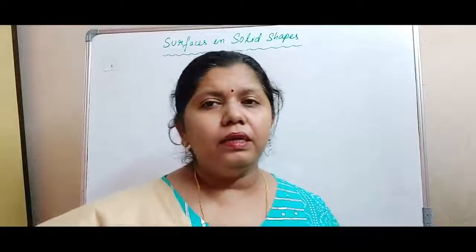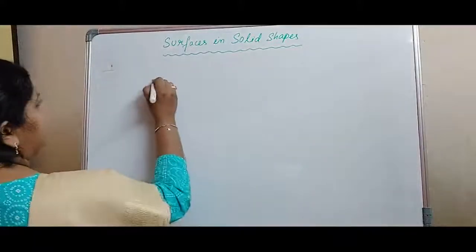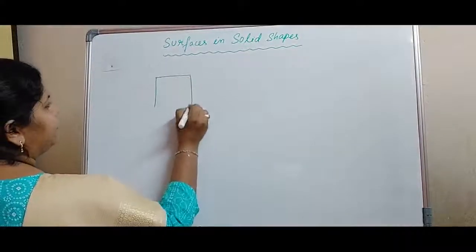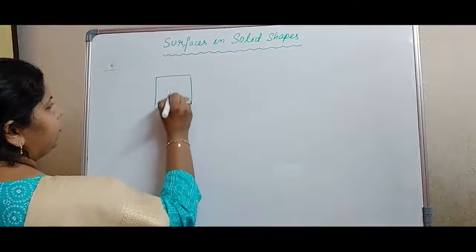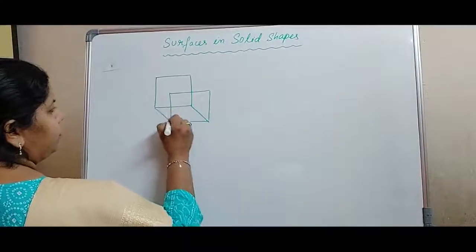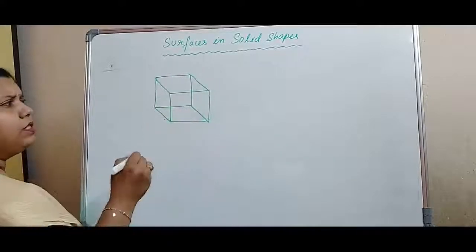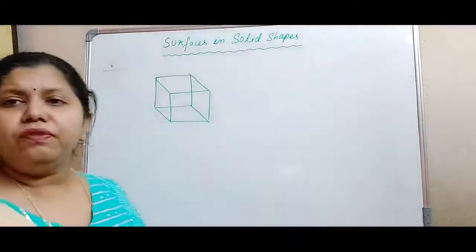Like we have a solid shape. For example, this is a cube. This is just the skeleton of the figure that we have drawn.